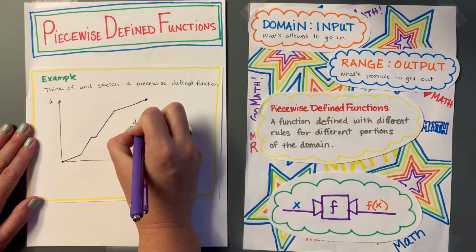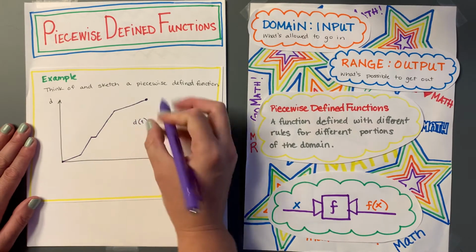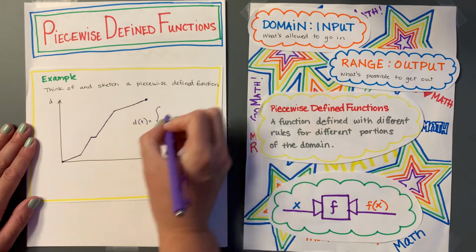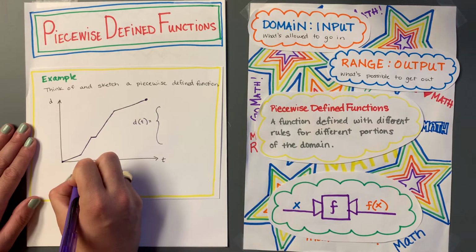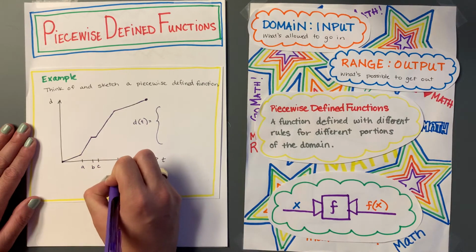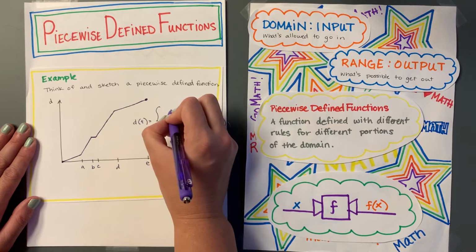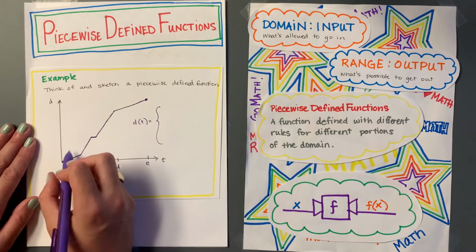So I would write this, my distance, as a function of time for my different chunks of time here. So I would have one rule for this first part.